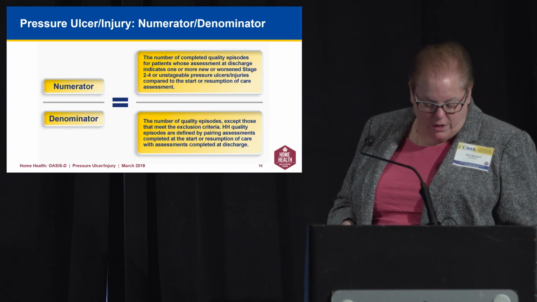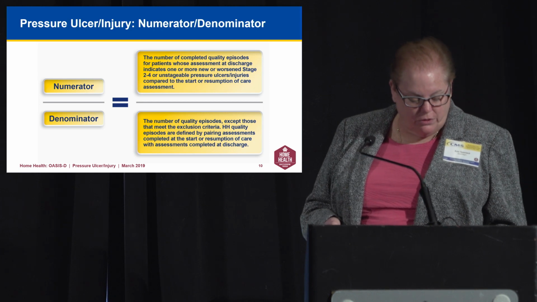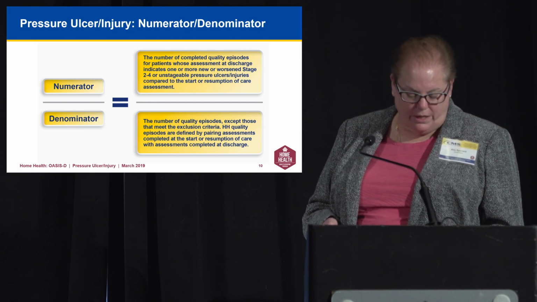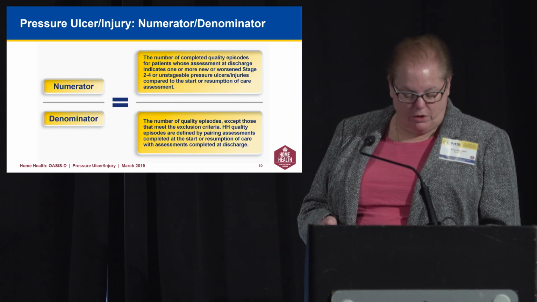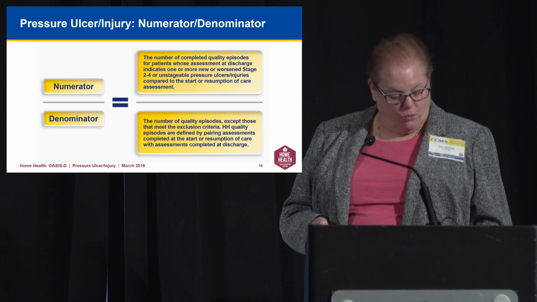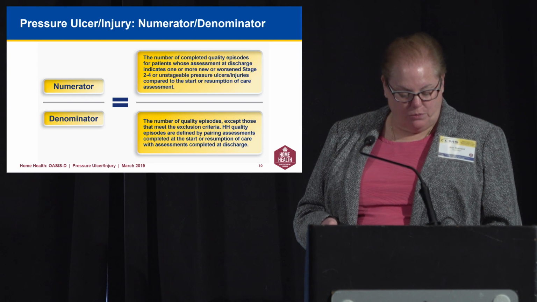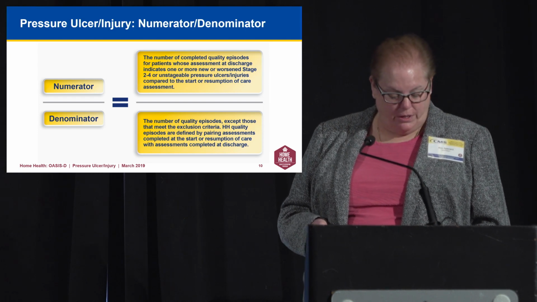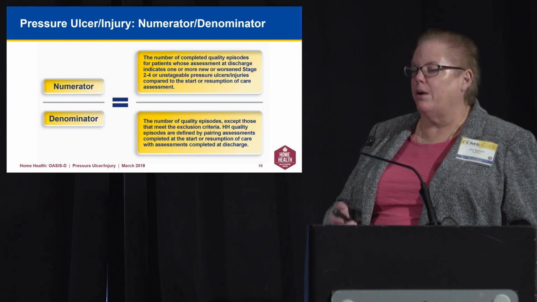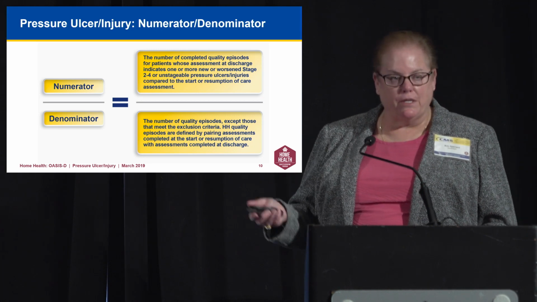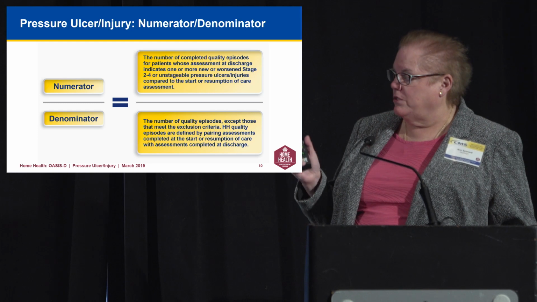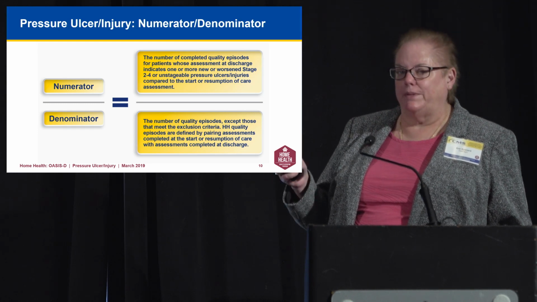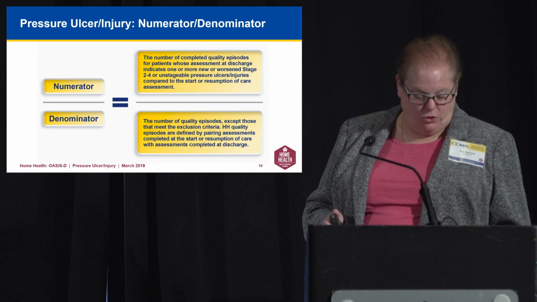To be included in the numerator, the number of completed quality episodes for patients whose assessment at discharge indicates one or more new or worsened stage 2 to 4 or unstageable pressure ulcers or injuries, compared to the start or resumption of care. And we're actually going to go through these. We're going to look at the definitions, and we're going to talk about the idiosyncrasies in doing that, and how these are triggered, and get into the numerator.